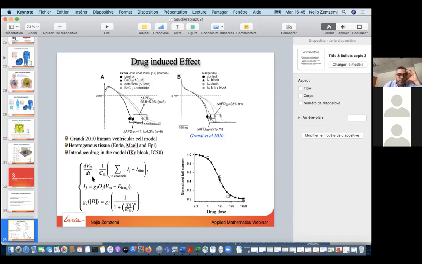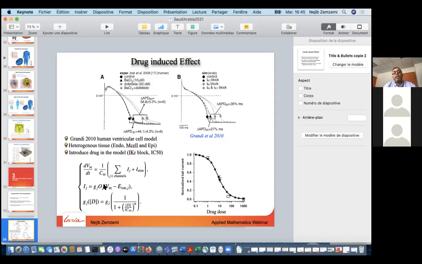If you remember well, we can go back to the capacitive part. If you multiply this equation by Cm, you get the capacitive current and the resistive current. Then they introduce the model of the drug by modifying the ion channels that are directly affected by the drug. So this Ig is changed from Gi times the Og.